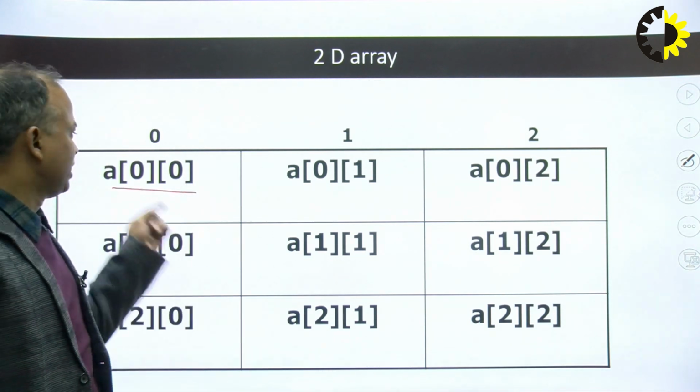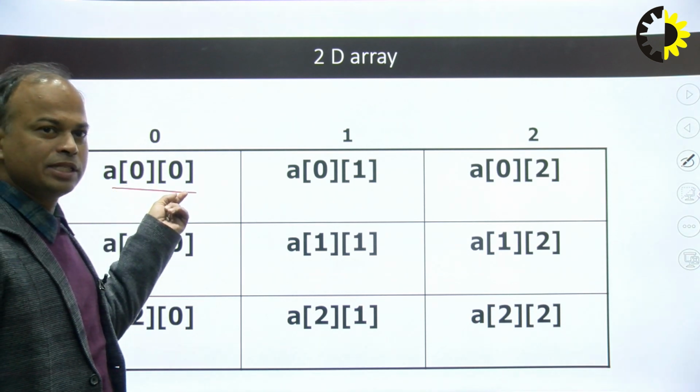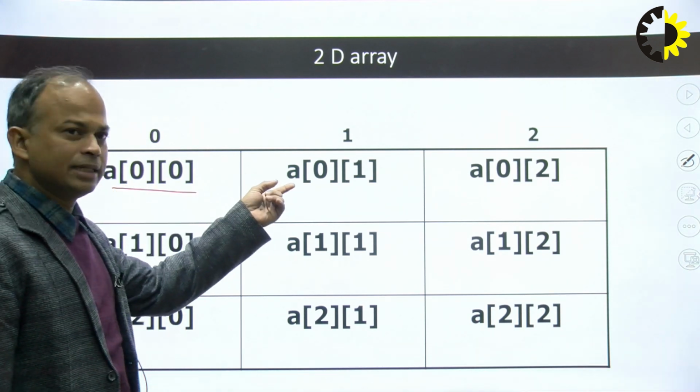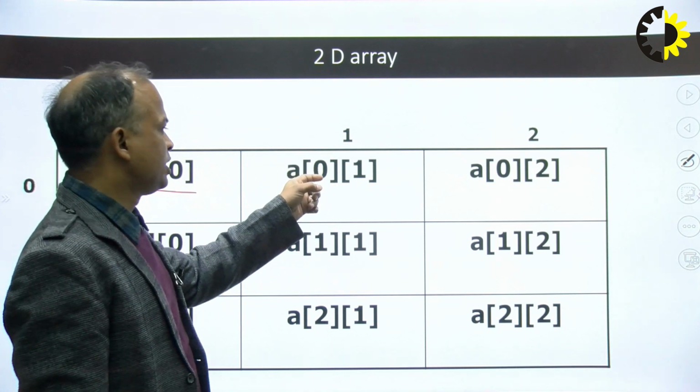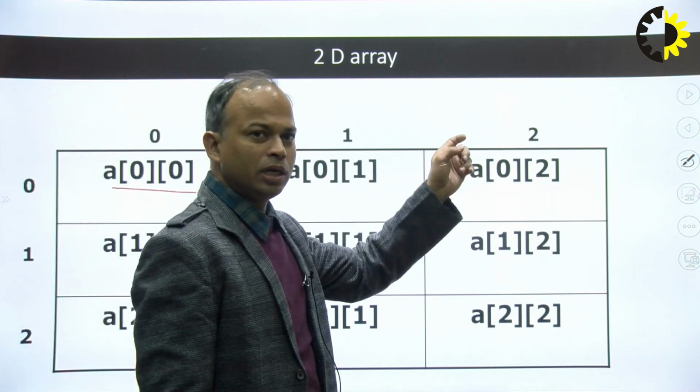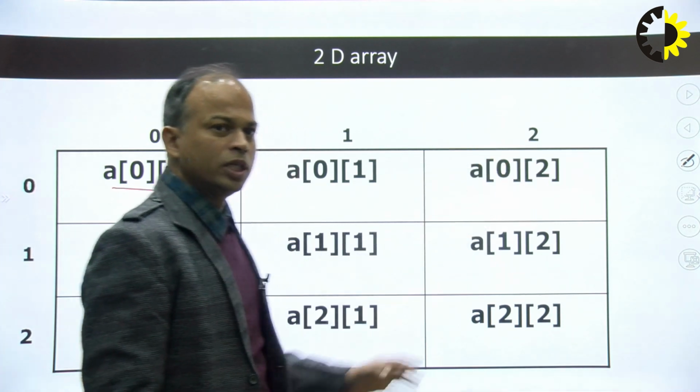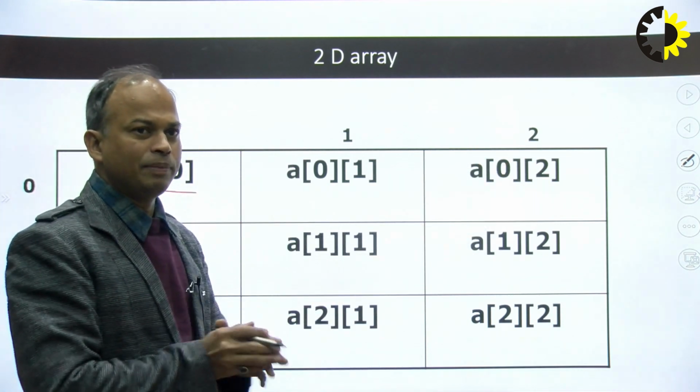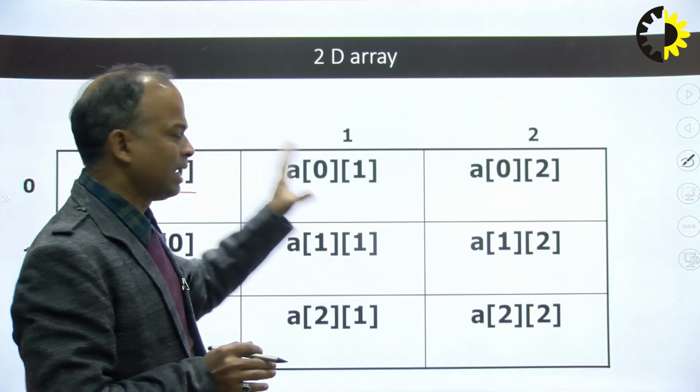A00 means row is 0, column is 0. The next one is A01, row is 0, column is 1. And A02, row is 0, column is 2. So in this way, people are able to represent the array.